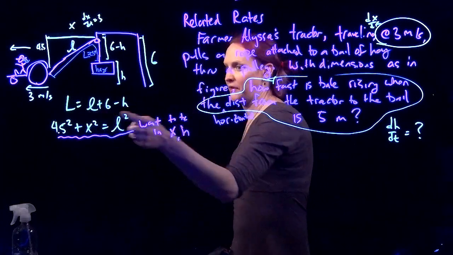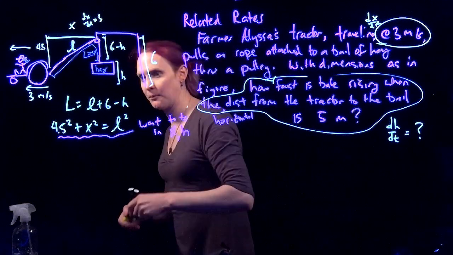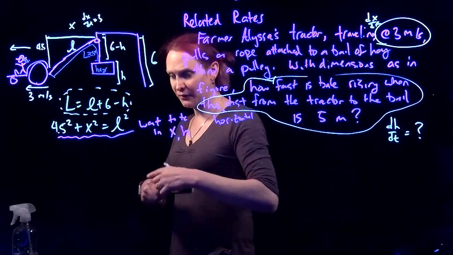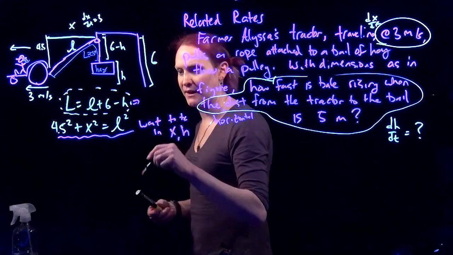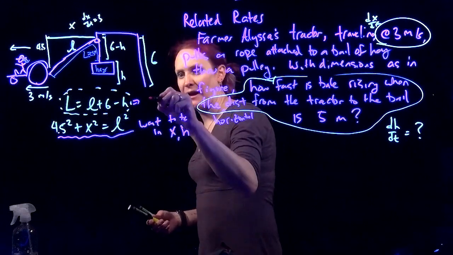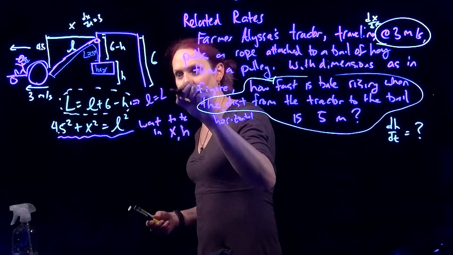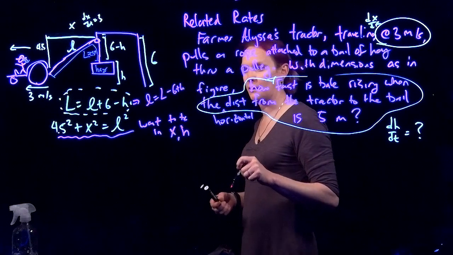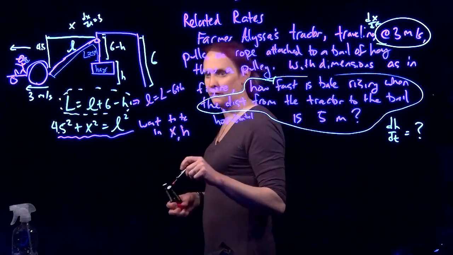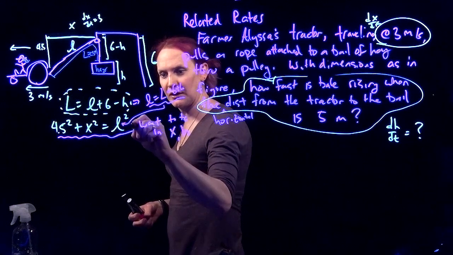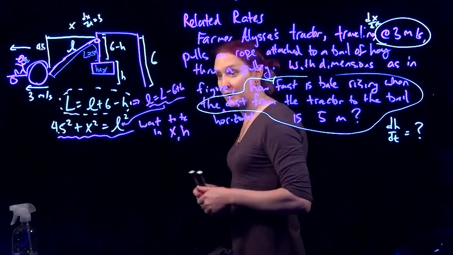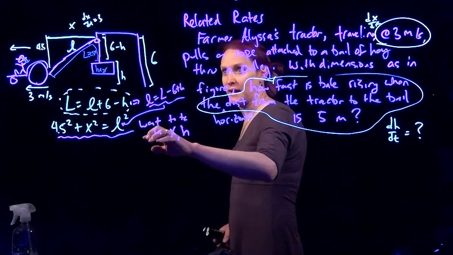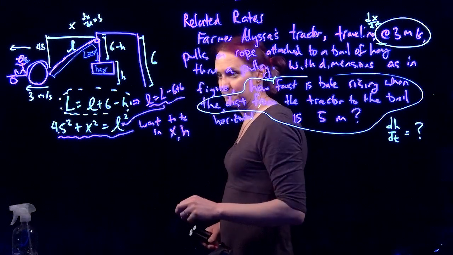Through this other relationship, which implies that, getting lowercase l by itself, lowercase l is equal to capital L minus 6 plus h. So let's take that and substitute it in for this, and then I'll have an equation in x and h.